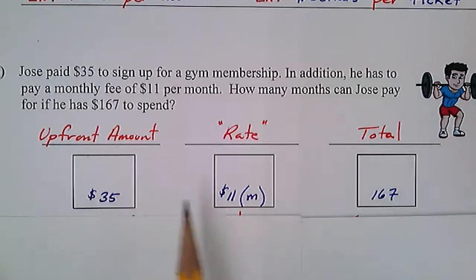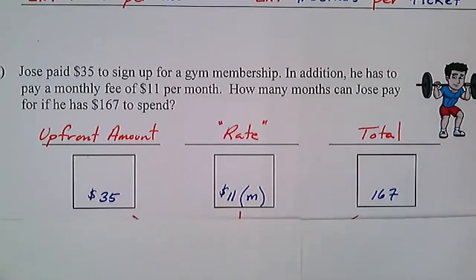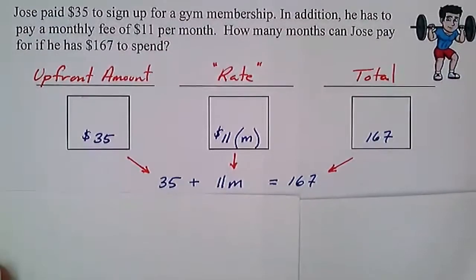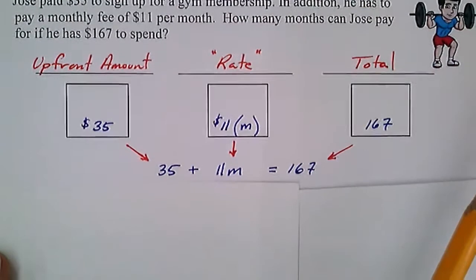Okay, so now we've got our 3 boxes, and now we're going to put that together in an equation. So we want to take the 35 plus 11 times m, and then $167 is the total. So now we're just going to solve a regular equation.